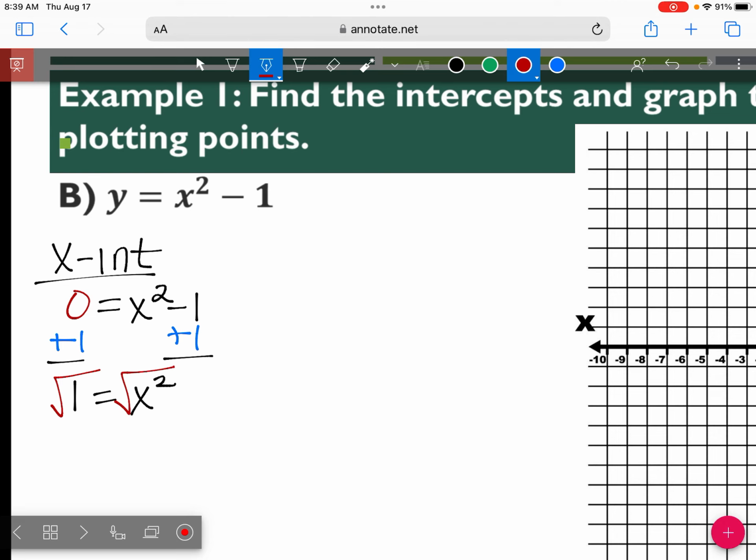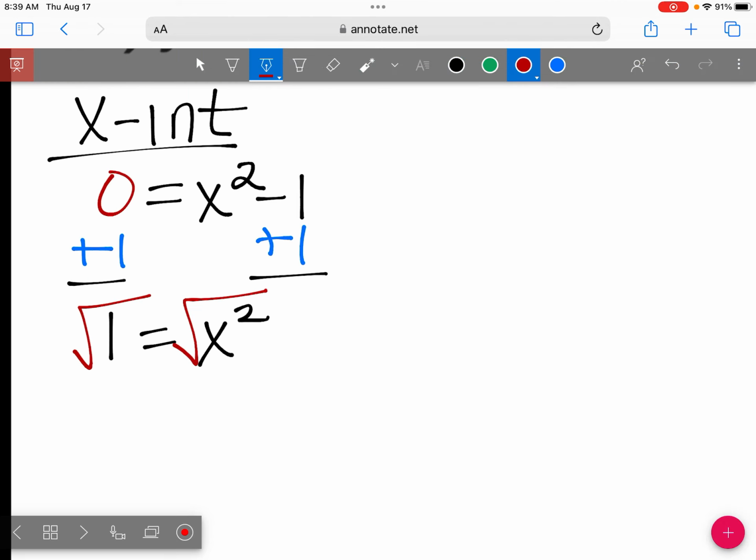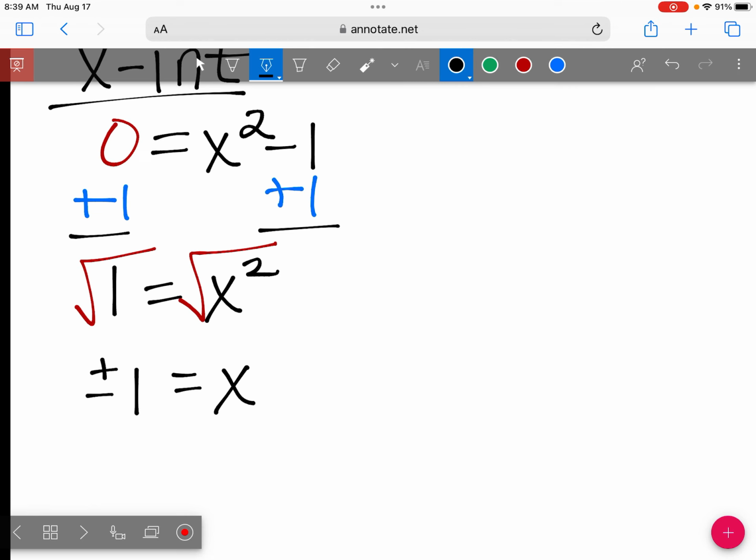So the square root of x squared is just x. And then what is the square root of 1? 1 and -1, plus and minus 1. So you have an x-intercept at +1, and you also have one at -1. Go ahead and plot both x-intercepts on the x-axis. So put a point at +1 and place a point at -1.